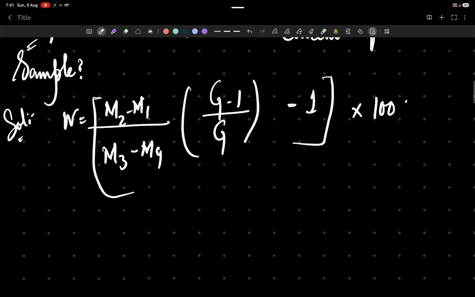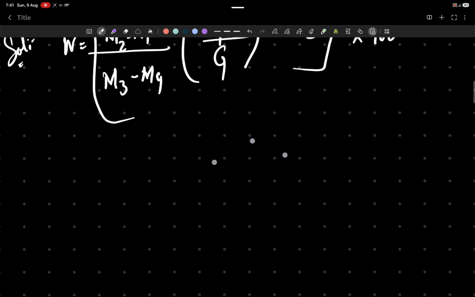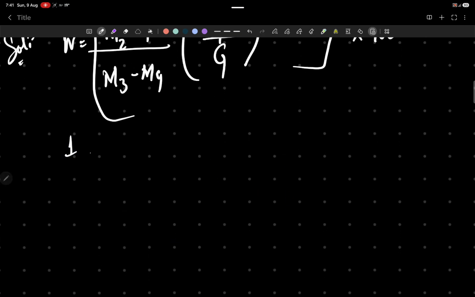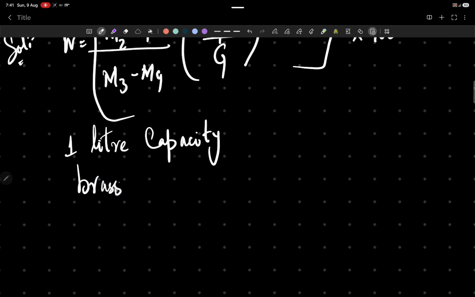Now before proceeding with the question, let me give you a brief recapitulation of how we use a picnometer to find the water content. Picnometer, as you know, is a glass jar of about 1 liter capacity. Density bottle was 50 ml. This picnometer is a glass jar of about 1 liter capacity, and it is fitted with a brass conical cap by means of a screw type cover.